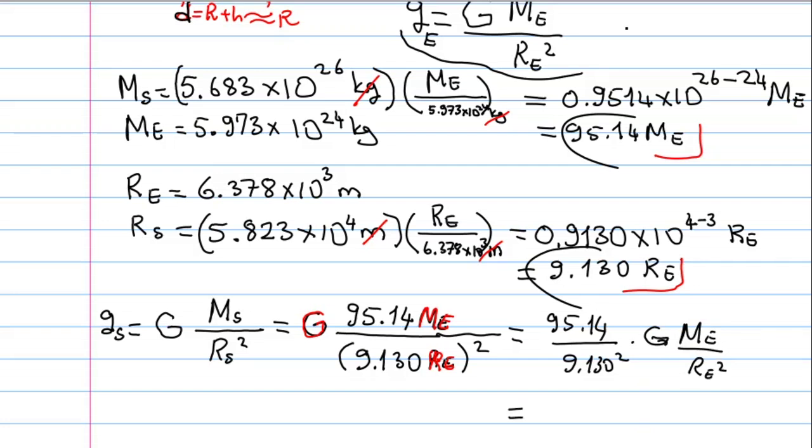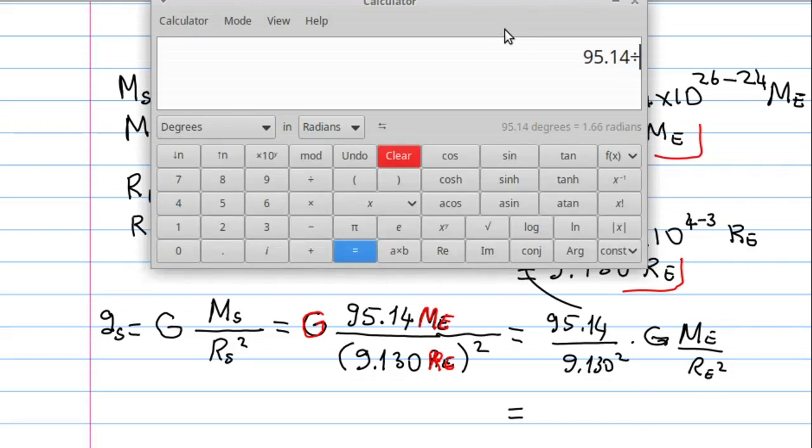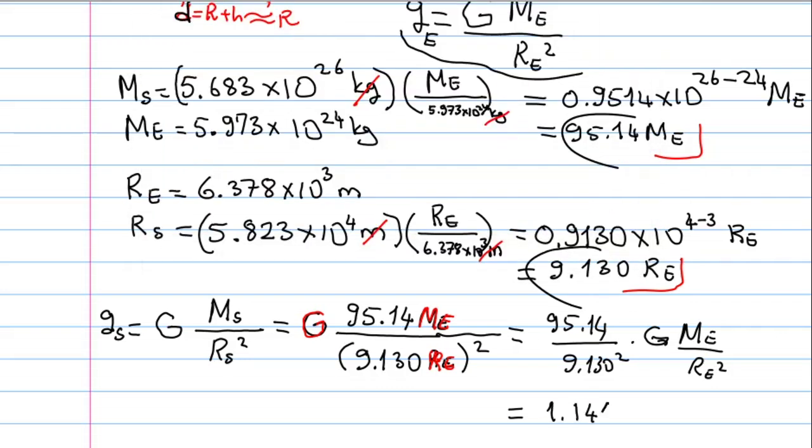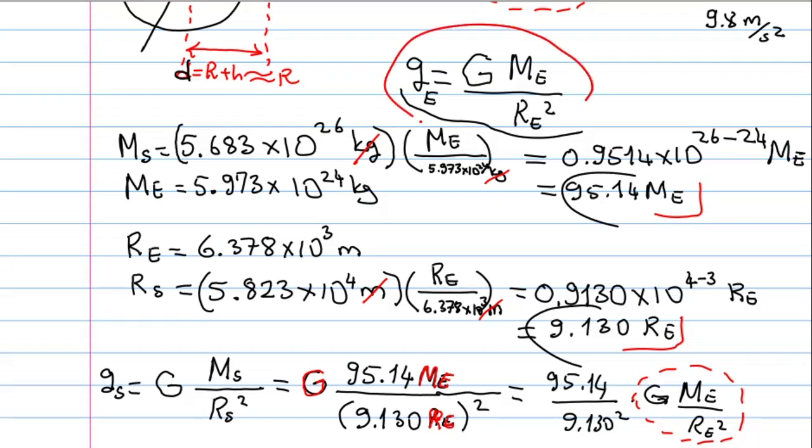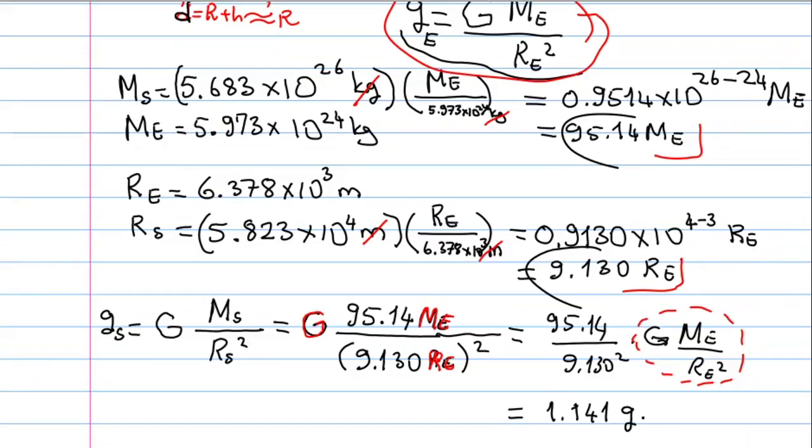Using a calculator, 95.14 over 9.130 squared is about 1.141, and this term has a name that we found above as g E, the acceleration due to gravity of Earth. So g Saturn is 1.141 times the acceleration due to gravity of Earth.